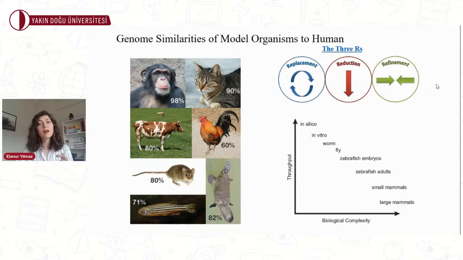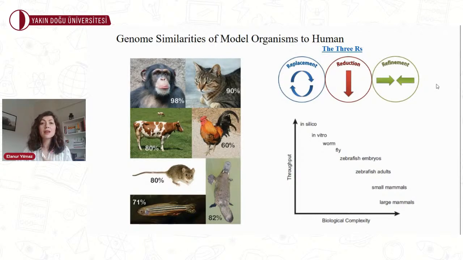Replacement means to replace the use of animals with non-animal methods where possible. If not possible, reduce the number of animals used to a minimum while still obtaining scientifically valid results. In addition, refine the practices to minimize the stress and improve the welfare of study animals used in the regulatory process.